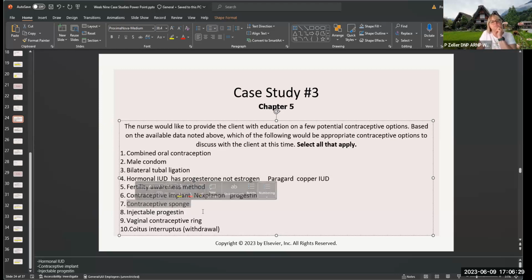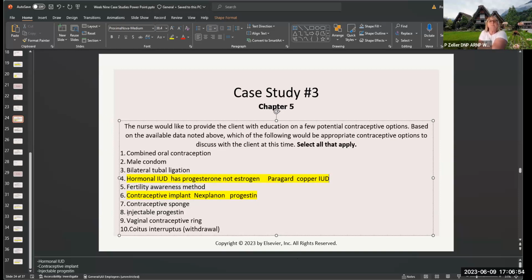Contraceptive sponge, not as reliable. Okay. So we've got this one we can do, and we've got this one. Either one of these would work. Okay. Injectable progestin.